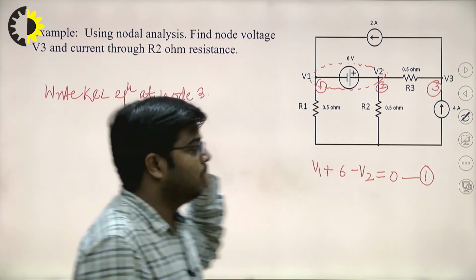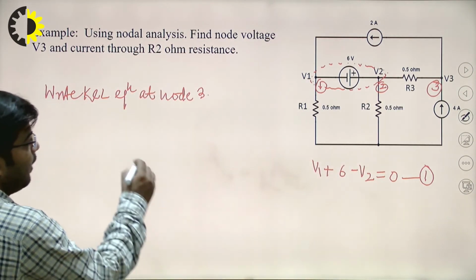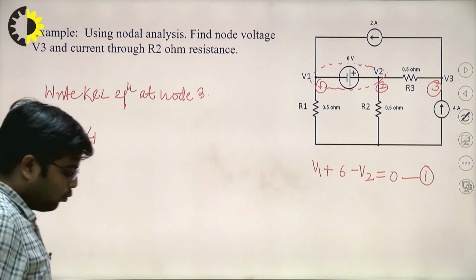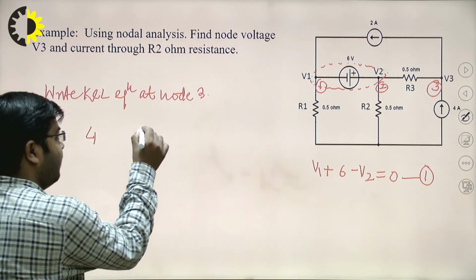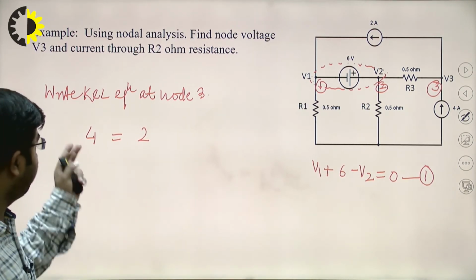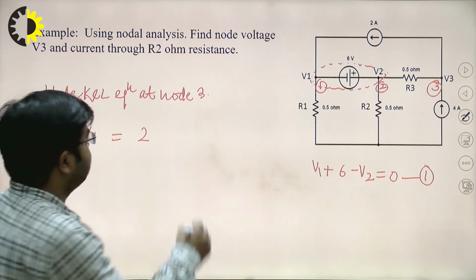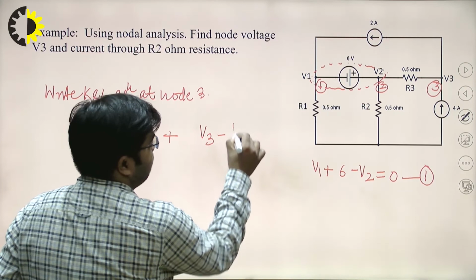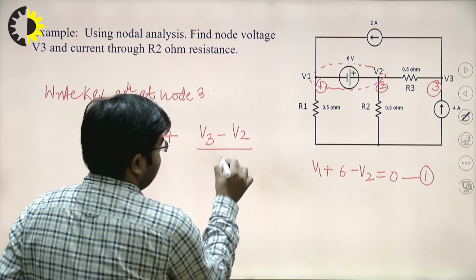So what is the incoming current? 4 ampere. And what is the outgoing current? 2 ampere. So incoming current equals outgoing current: 4 equals 2 plus V3 minus V2 divided by 0.5.